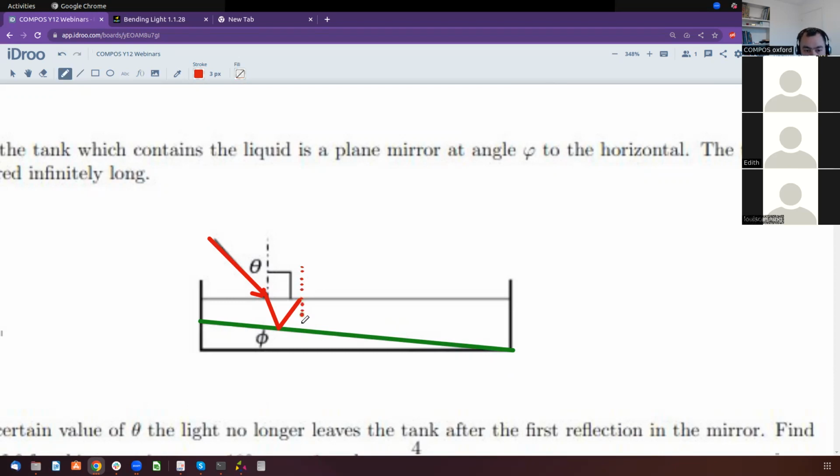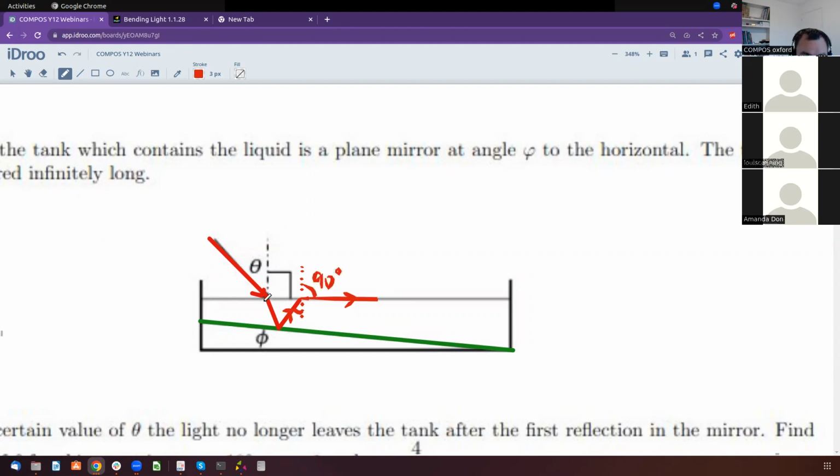Critical angle, as you should know, is when there's no refracted ray. So basically, the light is refracted along the boundary. Therefore, this is 90 degrees.